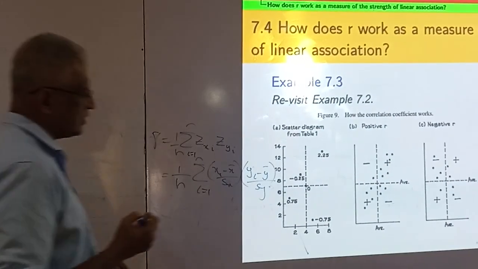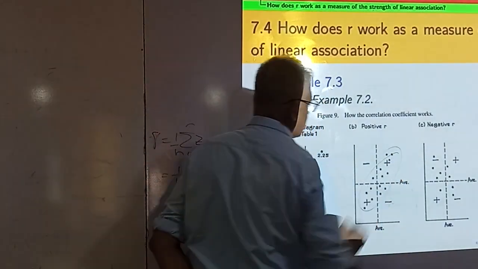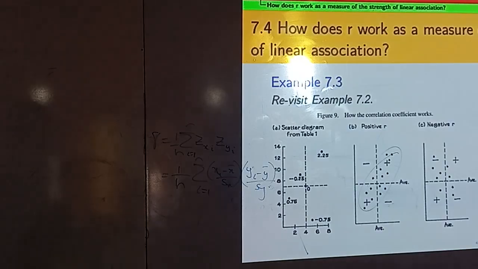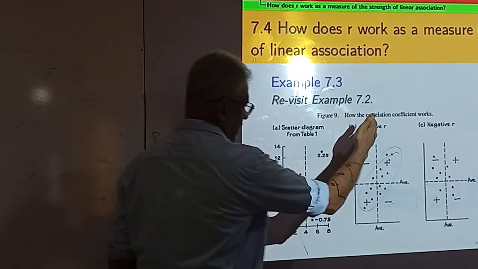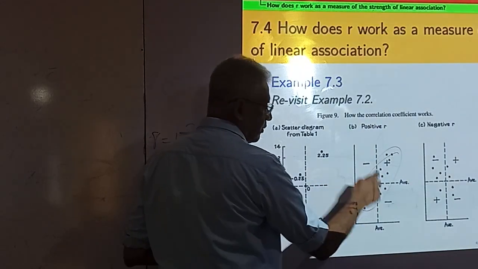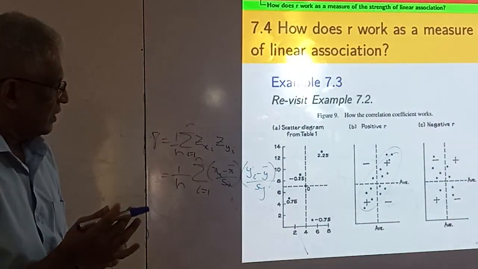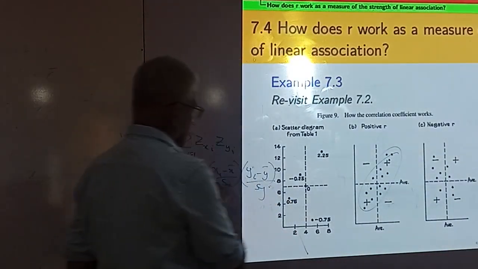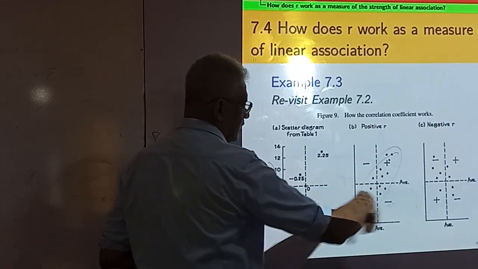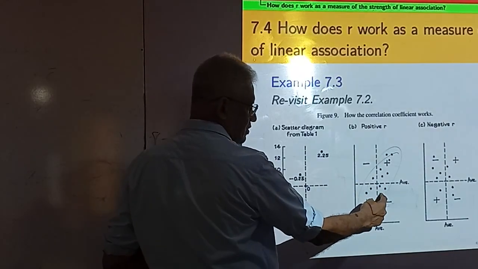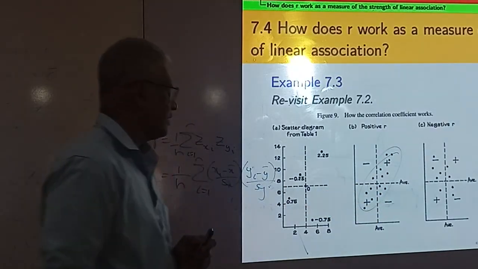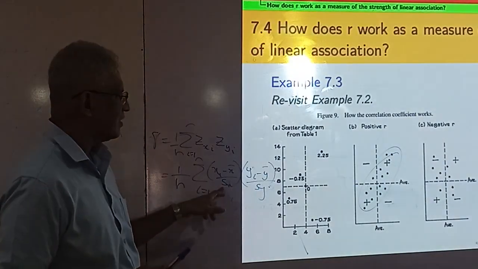So if we have a positive relationship like this, what you can see is that, now this is the x bar value, this is the y bar value, so this is the center point. So if you have a positive linear relationship, for these values, what will be the sign of (x_i minus x bar) divided by s_x?